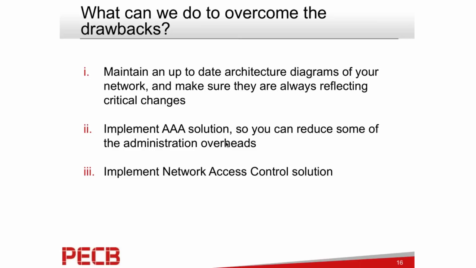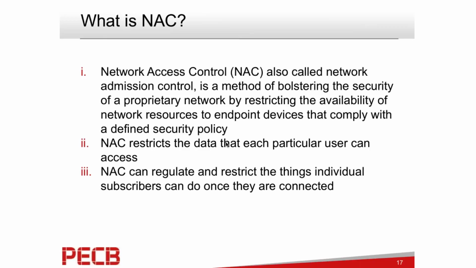Another proposal, you can implement a network access control solution. Network access control solutions are very popular nowadays. It became needed when we started to look for BYOD solutions, so ever since, the need for network access control was there.